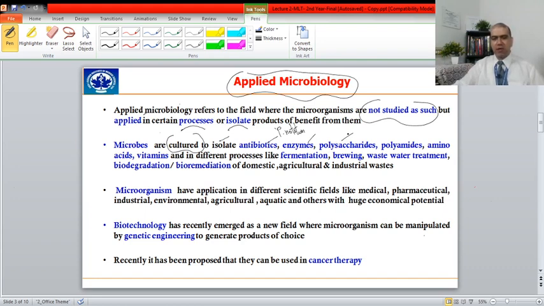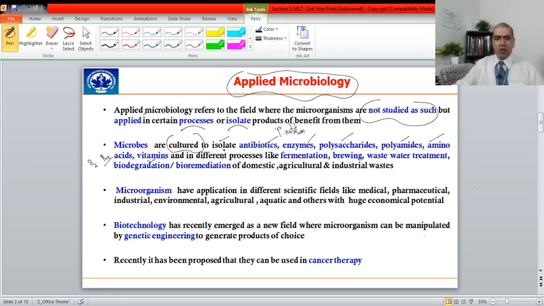We have many kinds of polysaccharides like xanthan. Then we have different kinds of polyamides. We get many different kinds of amino acids from microorganisms. Two examples I will give here are vitamin B2, that's riboflavin, and vitamin B12, that is cyanocobalamin, which helps in formation of the red blood cells. We have different kinds of vitamins we can get from microorganisms.